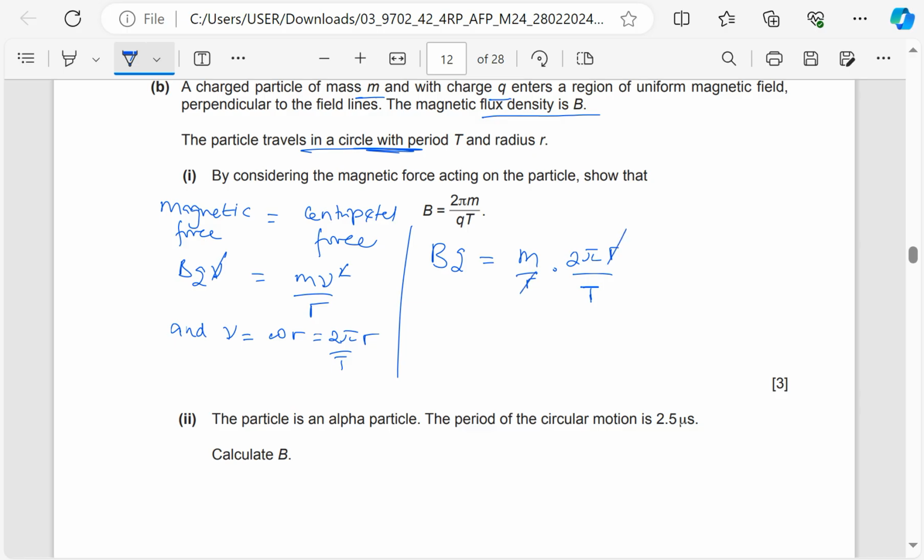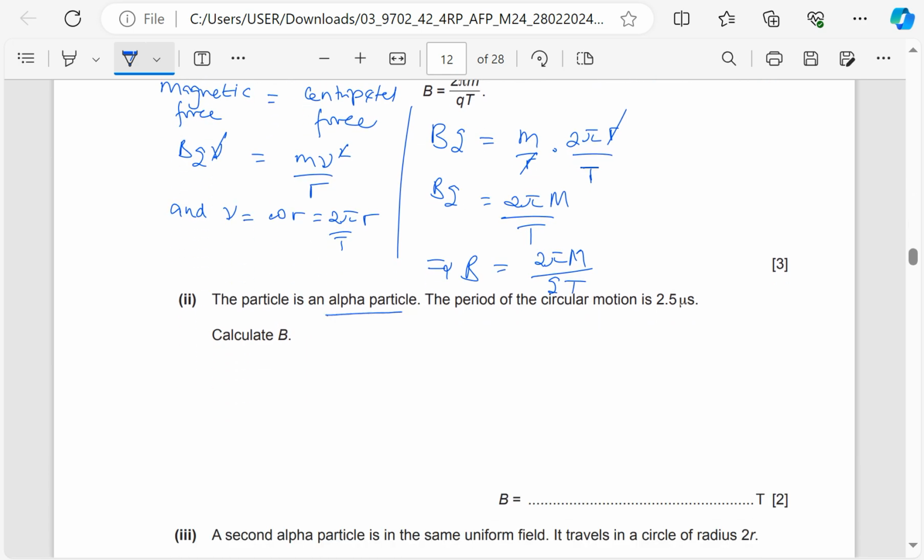So this r cancels with that one. So I remain with BQ equals 2 pi m divided by t, which means that B is equal to 2 pi m over q times t.